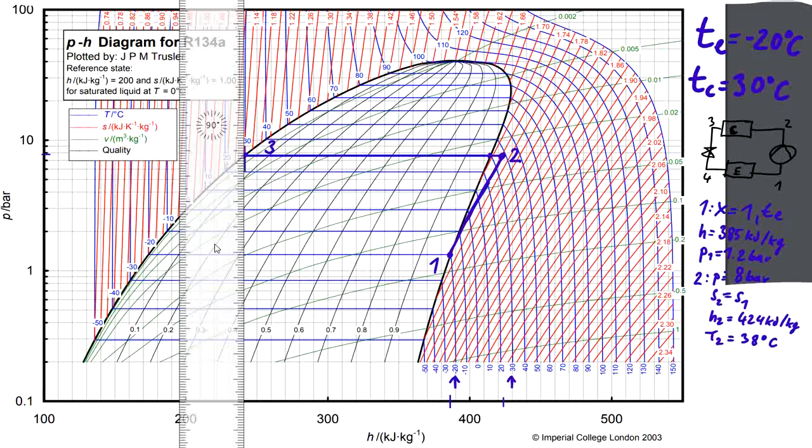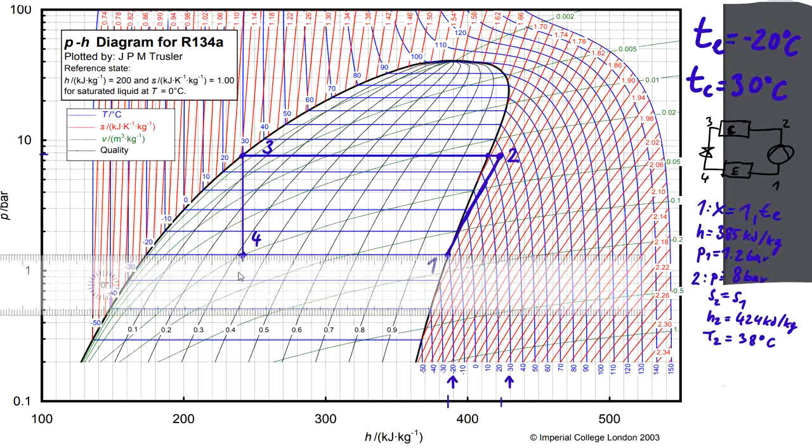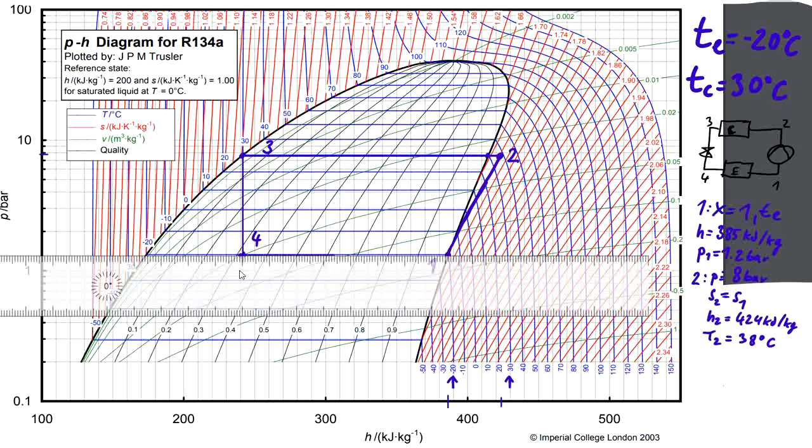And it's the isenthalpic process, so it would be a vertical line to the intersection with the pressure P1, and the point 4 will be over here. And the cycle will be closed.